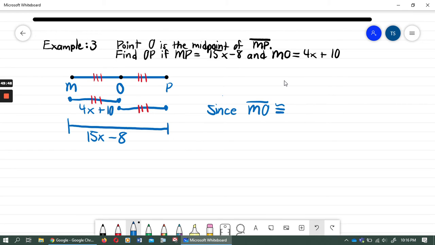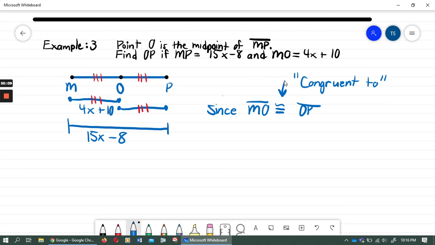That symbol right there looks like an equal sign with a little squiggly over it. That means congruent to. That means that segment MO is congruent to segment OP.